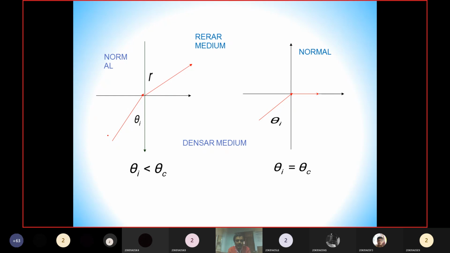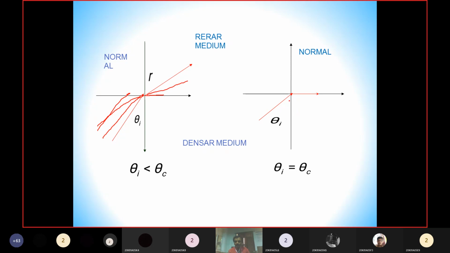Similarly, now we are again increasing that angle. What happened? It bends like this. And if you increase the angle again, at a particular angle the light will bend like this.